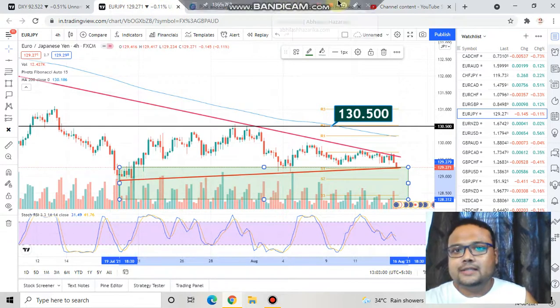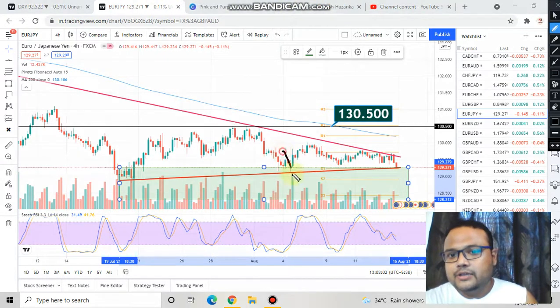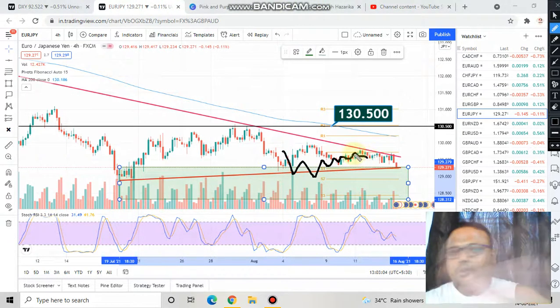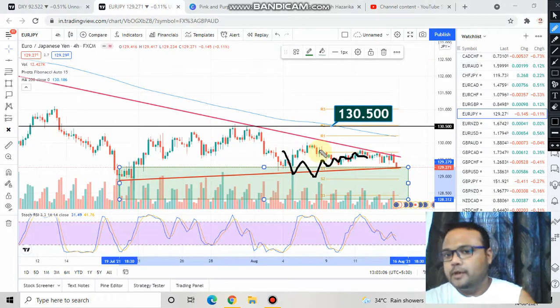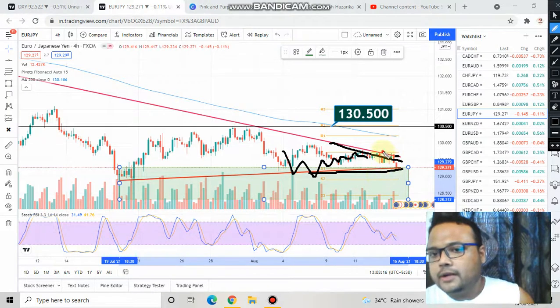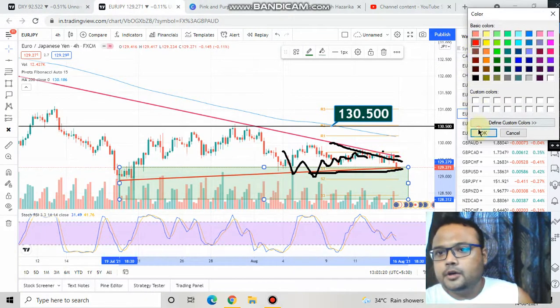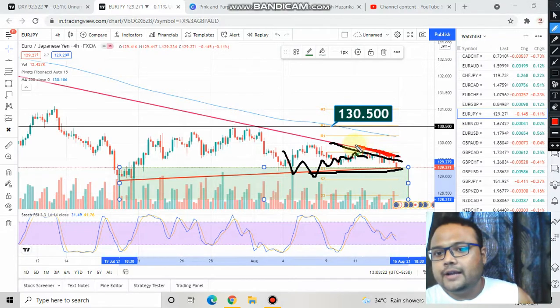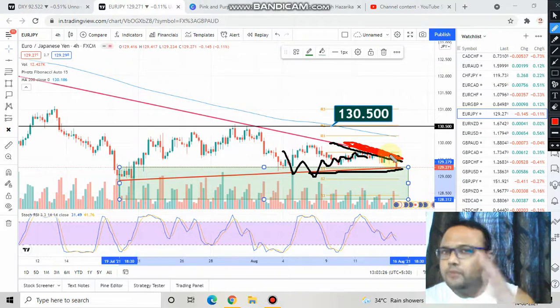As long as market is trading in this range, avoid Euro JPY, okay, and wait for the market to either cross this level, this resistance line, or this line. Okay. So what should be a strategy then? So wait for the market to either cross this level or this level. If you find market crossing this red line or this trend line, which is the resistance, then wait for 4 to 6 hours.